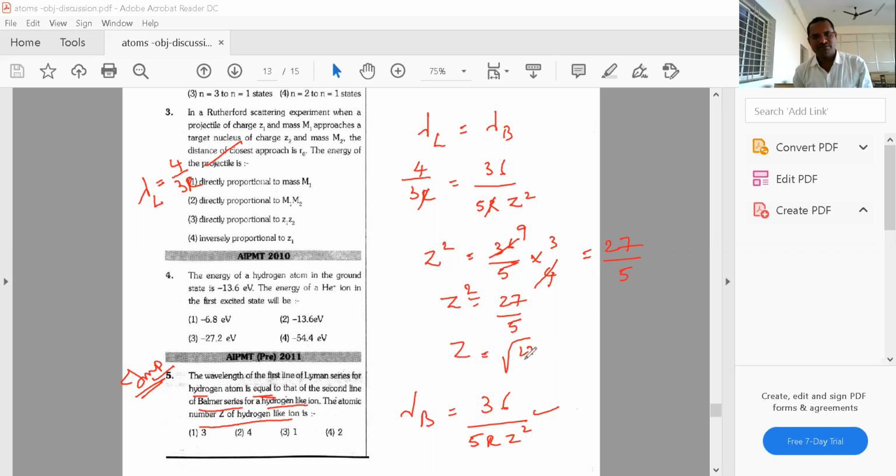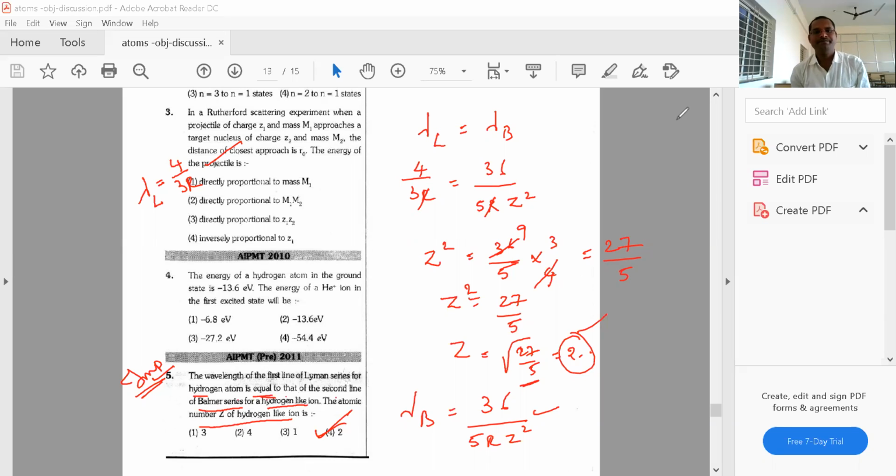Root of 27 by 5. 5 5s are 25, so around 2 point something you will get. That is option 4, the right answer. It comes out to be around 2. So option 4 is the right answer.